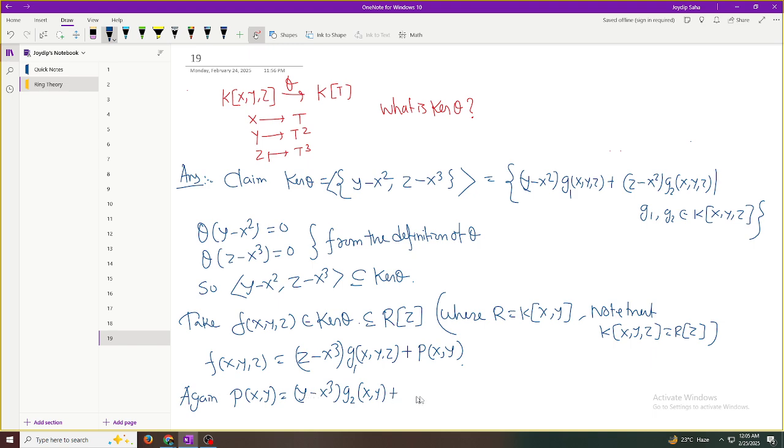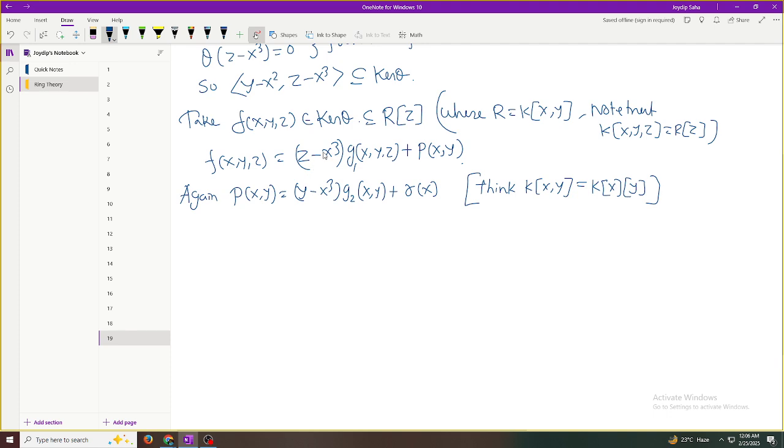Now there is no y term, because I am dividing by y minus x square, so the remainder is in k[x]. Think of k[x,y] as k[x][y], where k[x] is your coefficient ring.